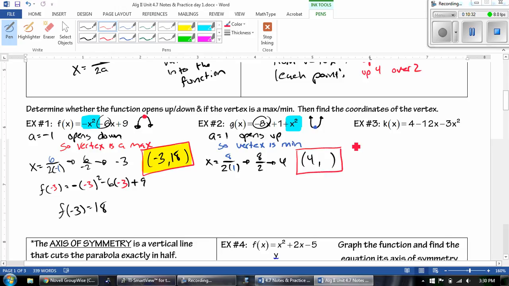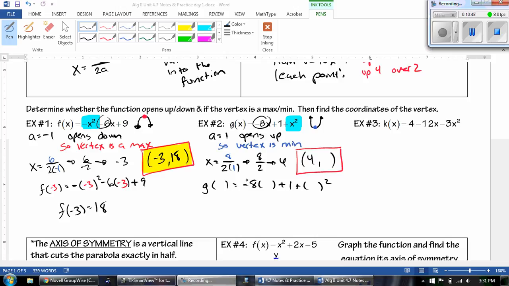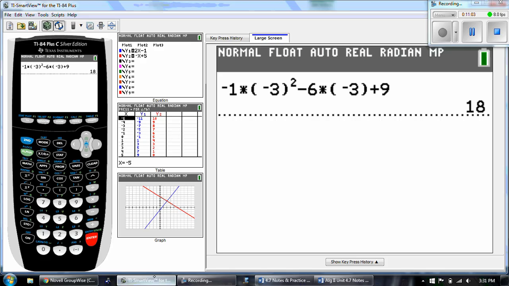To find the y value, we plug it in. So I'm looking back at my equation, and I'm just waiting for my pen to start working again, so hold on. Okay, so I started to write down that equation. We know that we're going to plug in 4 this time. So here we go, plugging in 4. And then once again, just do it the easy way, plug it in.